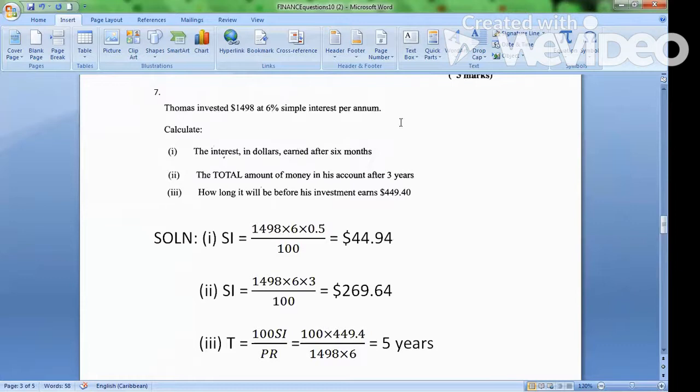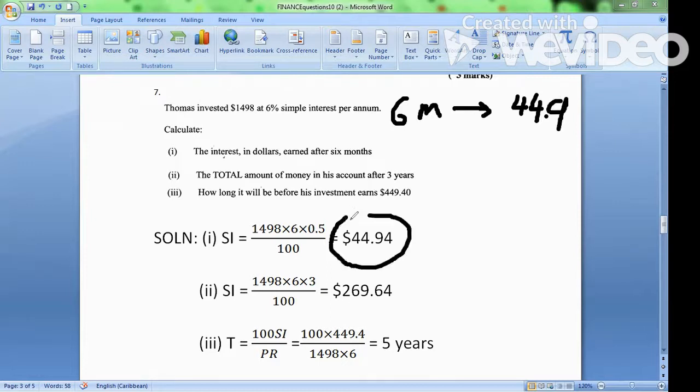All right, I'm going to use this marker here. So guess what now? In 6 months, we're going to get an interest of $44.94. Agree? According to what this is saying, in 6 months you get 44.94.